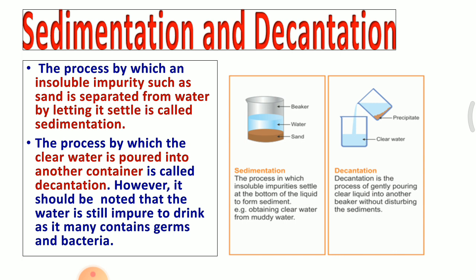The next method is sedimentation and decantation. Sand and stone are removed by the sedimentation and decantation method. So first, you have to take a glass of water and pour the sand in it and let the solution stand for 15 minutes.